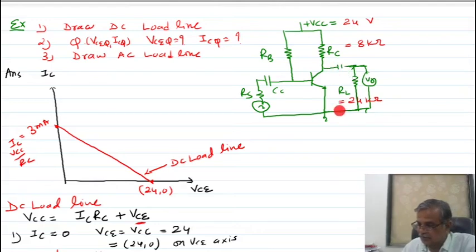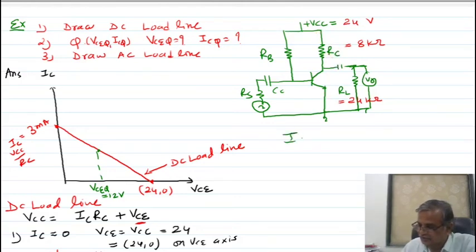Look here, I am telling you. See, this is your VCQ, the DC voltage that you told me, 12 volt. I have written here, this is 12 volt. This is your VCEQ is equal to 12 volt. The remaining 12 volt will be here, 24. So this 12 volt is nothing but the current multiplied by RC.